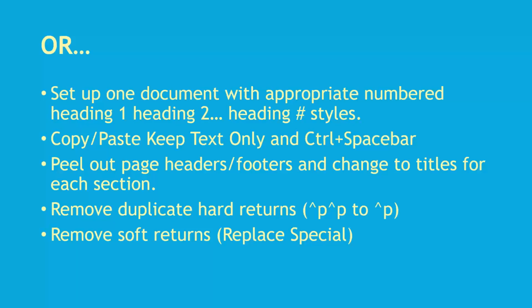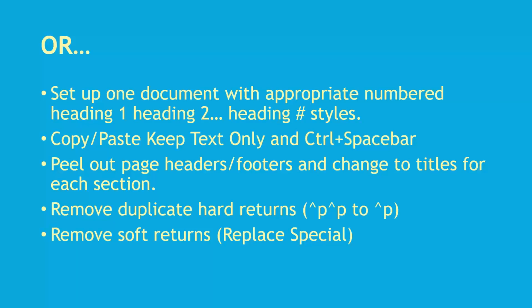Now, working with the sample documents I've been given, which thank you very much, that was really exciting, we're actually going to work slightly differently today. We're going to set up our document with the appropriate numbered Heading 1, Heading 2, whatever heading styles, title styles that we want to work with, fonts, colors, all that jazz.